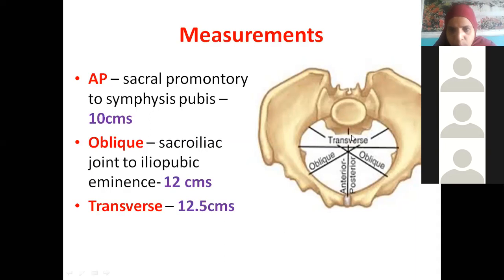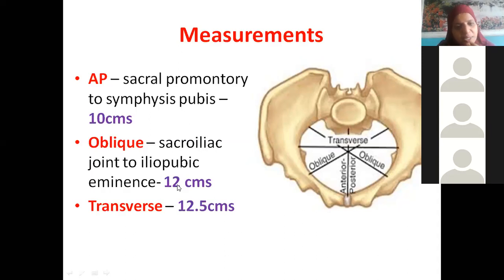So you move from, suppose, the right sacroiliac joint up to the left iliopubic eminence, not the same bone. Then the left sacroiliac joint to the right iliopubic eminence. How much will it measure?